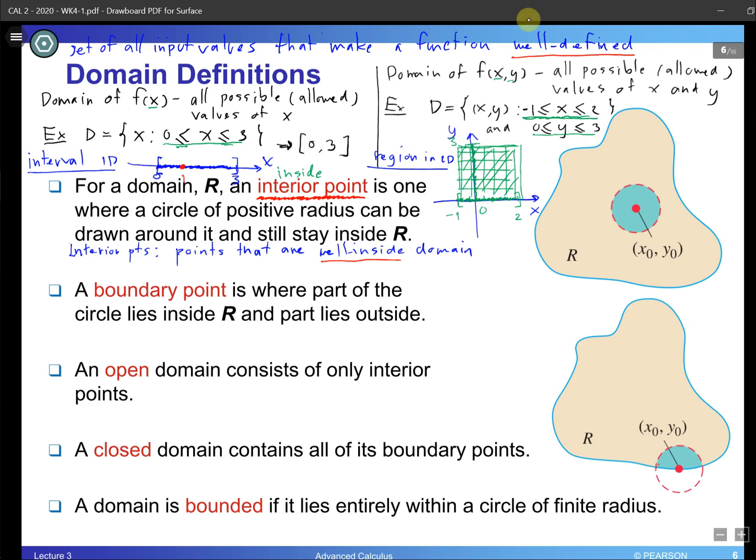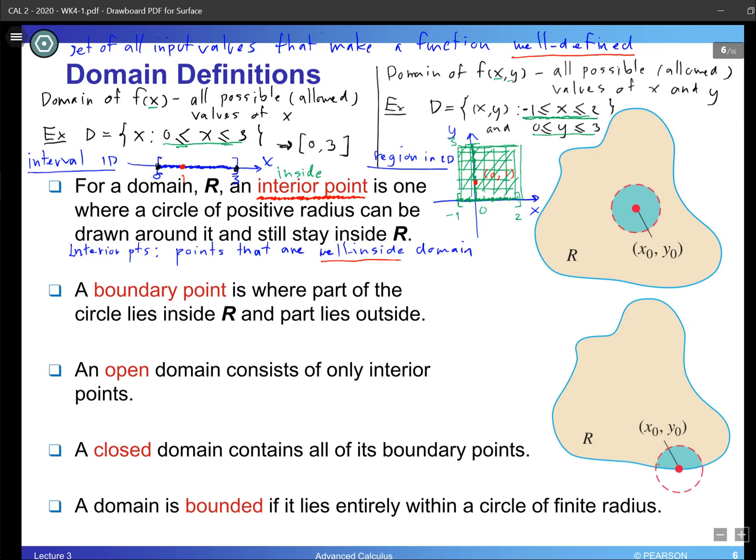What about the region in 2D? If I pick this point at (0, 1), by the look of this it's obviously well inside the region, right? Now, it's not so clear, right? What does it mean by well inside? What about we talk about the points that are not well inside? So I'm going to give you examples of points that are not well inside. For the interval, it's right here on the boundaries.